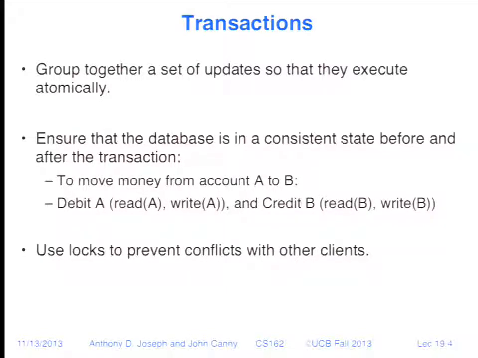Canonical examples are financial examples where you're trying to move money from one account to another, and you want to make sure that the money is completely moved and doesn't disappear in the middle somewhere. So that series of reads and writes has to be executed all together or not at all.